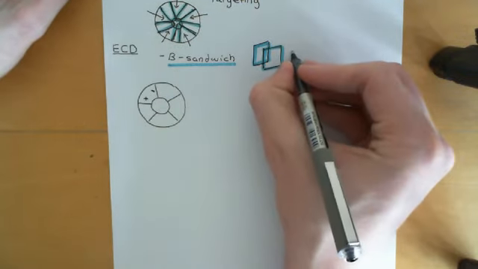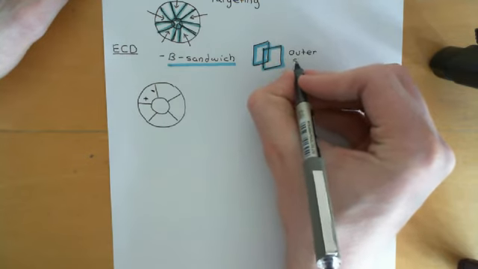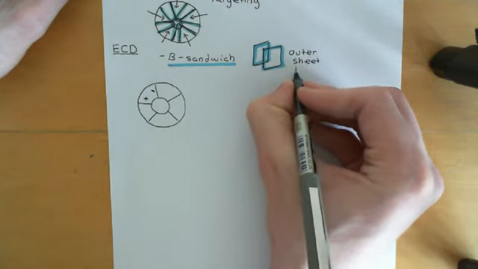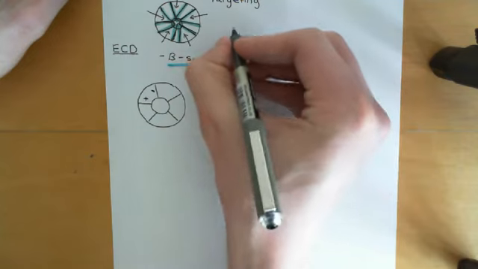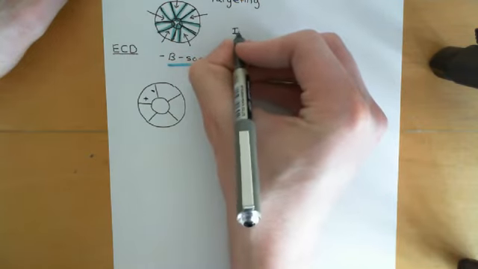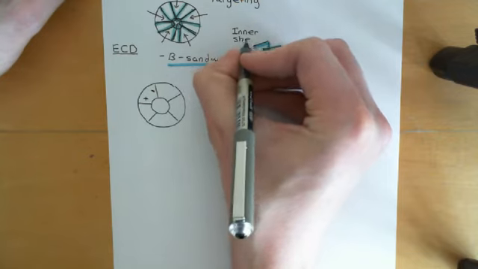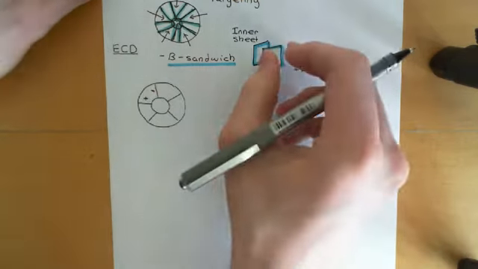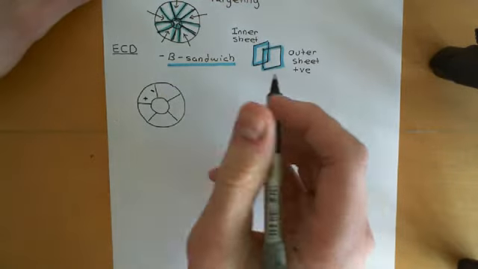The positive side corresponds to what's known as the outer sheet of the beta sandwich, so I'll just put a positive there. And the negative side corresponds to the inner sheet of the beta sandwich. So in this structure you're going to have one beta sheet on this side and the other beta sheet of the sandwich on the other side.